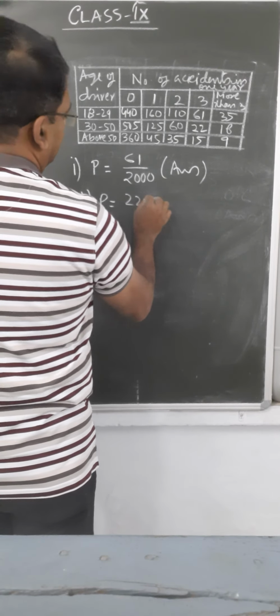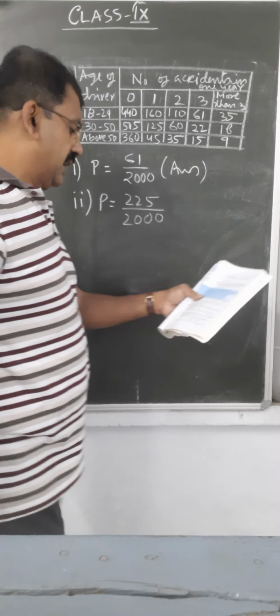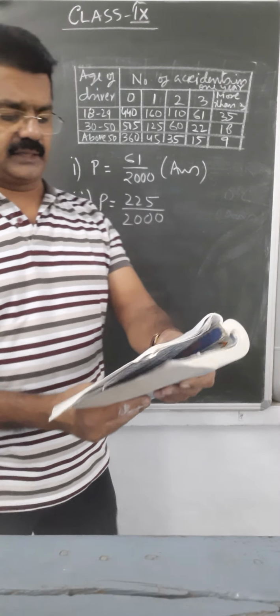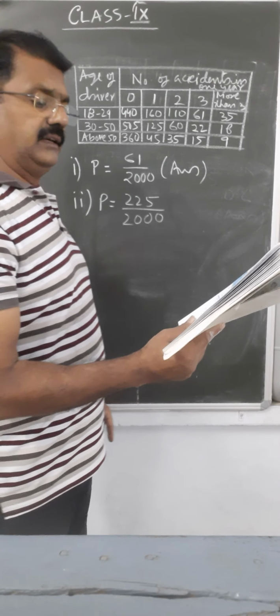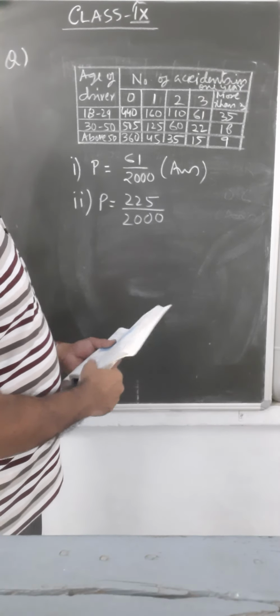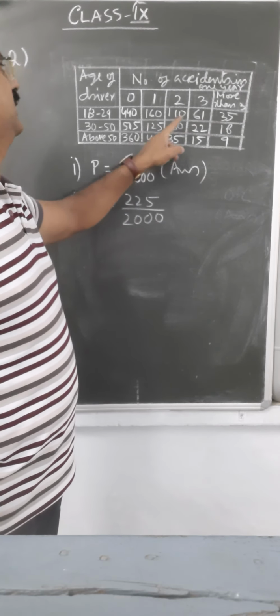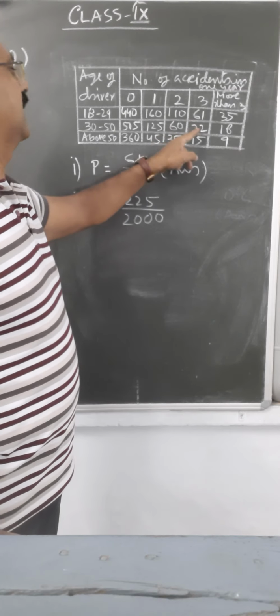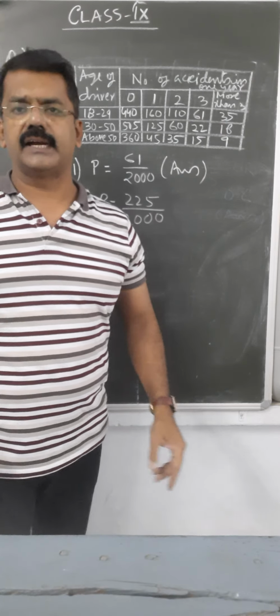I repeat, the condition says being 30 to 50 years of age, and having one or more accidents. So 125 plus 60, 185 plus 22, that is 207 plus 18, that is 225.